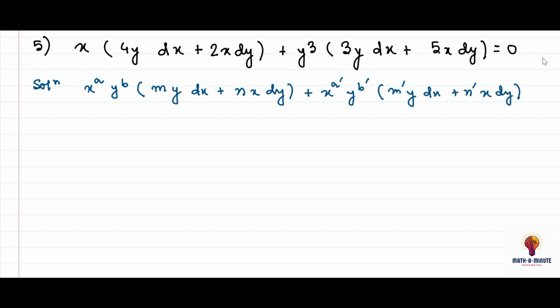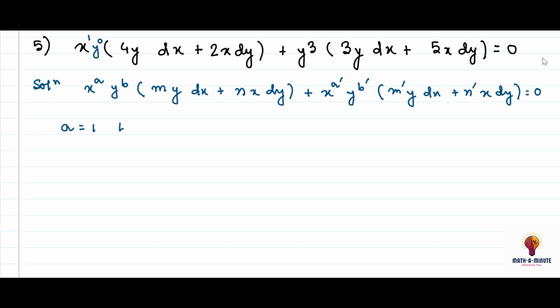Now if we compare this equation, the value of a is 1 because the index value here is 1, but there is no y, so we have to consider the index value of y as 0.